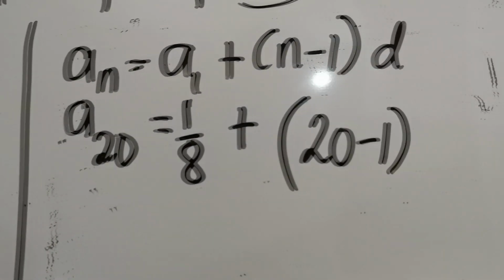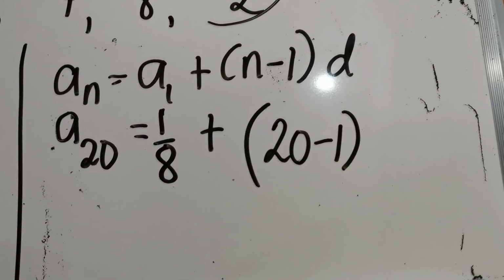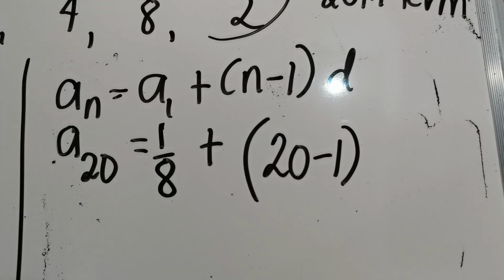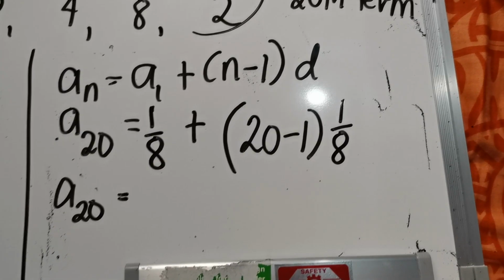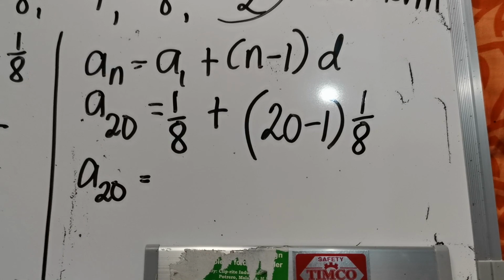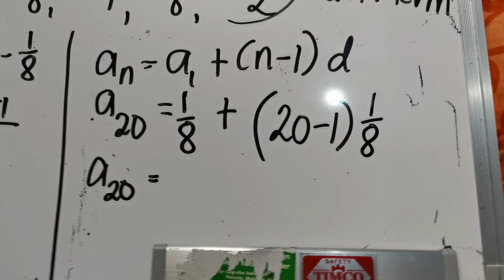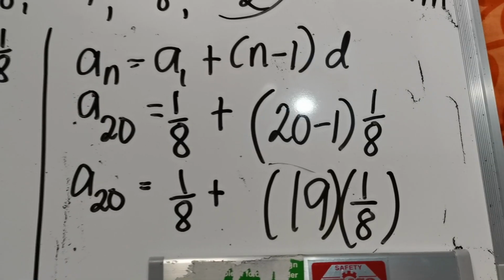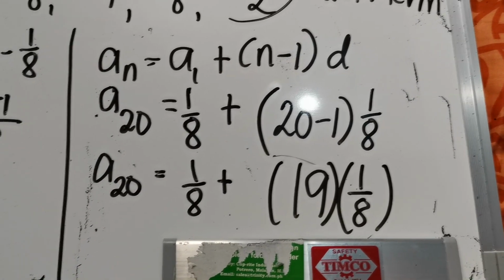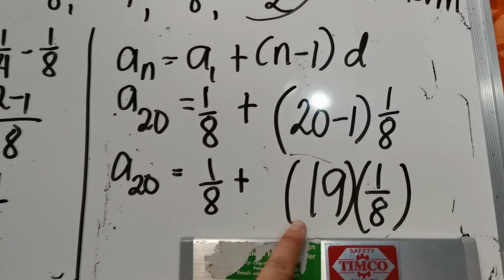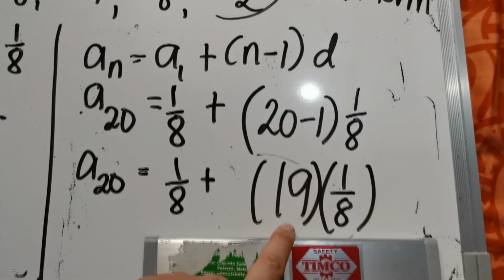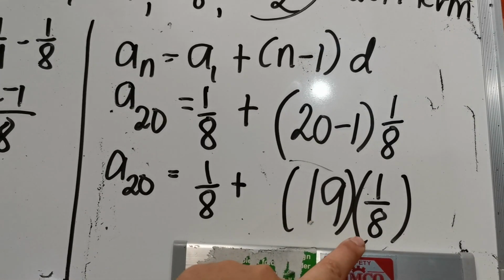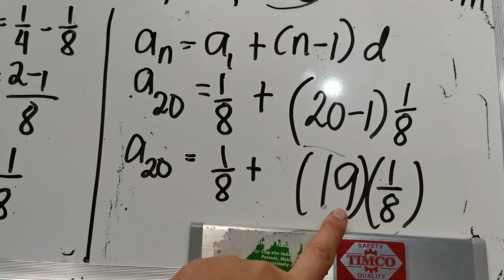So, i-substitute natin sa given. We have here the common difference of 1 over 8. And then, afterwards, simplify natin nasa parentheses. You have here 19 times 1/8. And then, afterwards, i-multiply natin itong dalawa. But then, this is a whole number and a fraction. Diba?